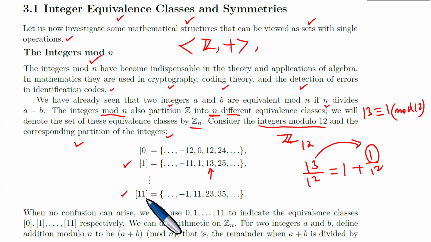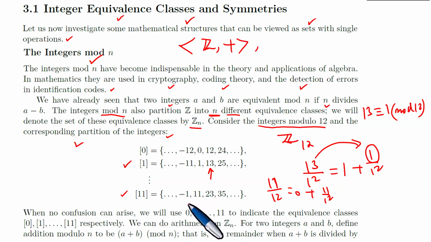Now, let us look at the integers equivalent to 11 modulo 12. What are they? 11 is equivalent to itself modulo 12. The reason is that if you divide 11 by 12, it goes 0 times and the remainder is 11 out of 12. So we're looking at the remainder, and obviously 11 is equivalent to 11 modulo 12.